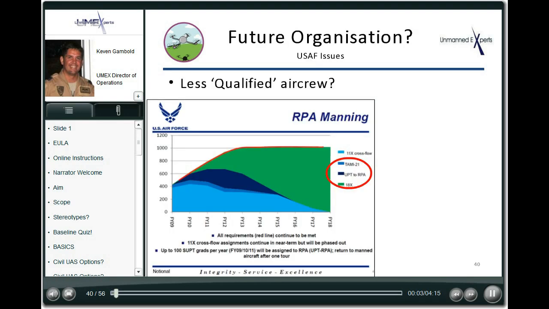So we start to draw to a close here by looking at some of the issues that are facing the UAVs. I mean, a basic overview. And the first one, which is highlighted with a USAF, United States Air Force issues slide, is manning.